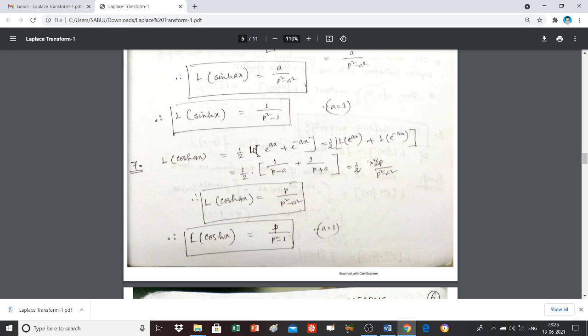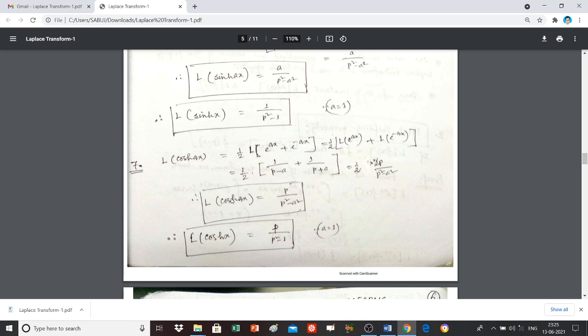That is half L of e to the ax plus e to the minus ax, and that is equal to half, then L of e to the ax plus L of e to the minus ax, that is equal to half, 1 by p minus a plus 1 by p plus a, that is equal to half, from here p plus a plus p minus a, the a terms will cancel each other, so 2p will be there. So half 2p by p square minus a square. So Laplace transform of cos hyperbolic ax is equal to p by p square minus a square.